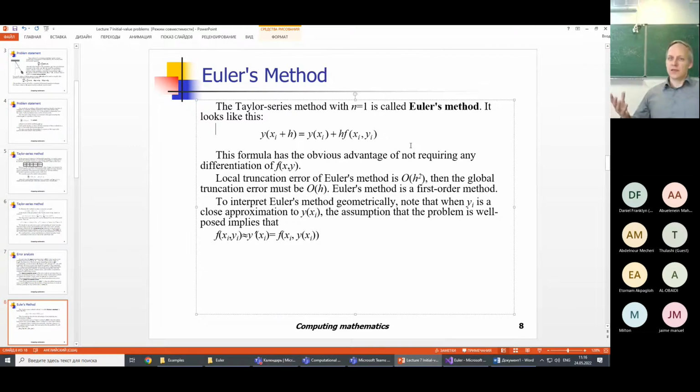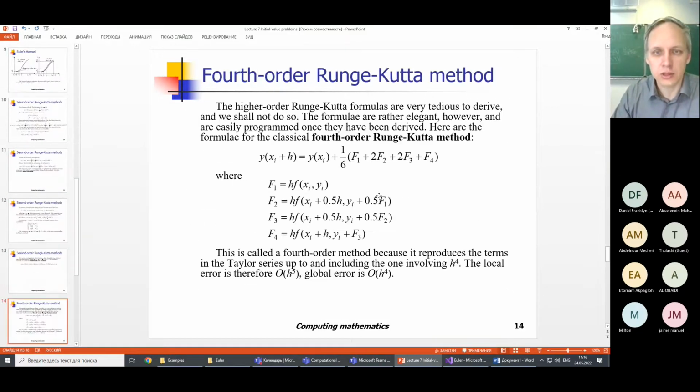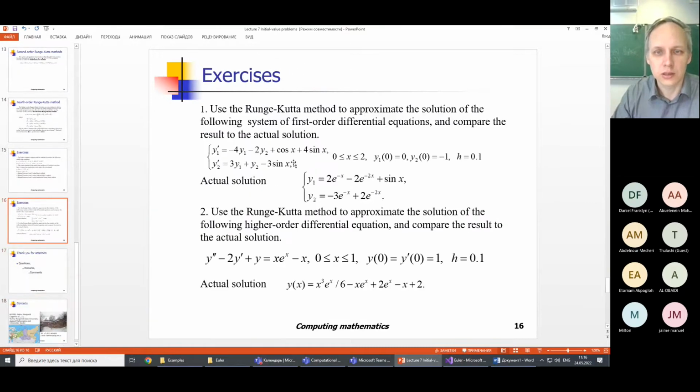So Euler's method is a first order method for solving differential equations. To understand how it works, let's solve some example. I don't remember, is it written here or not in the end? Oh, it's written, complex examples.